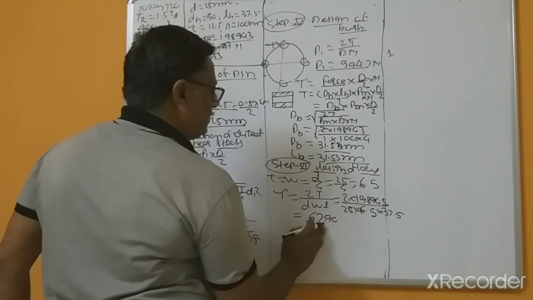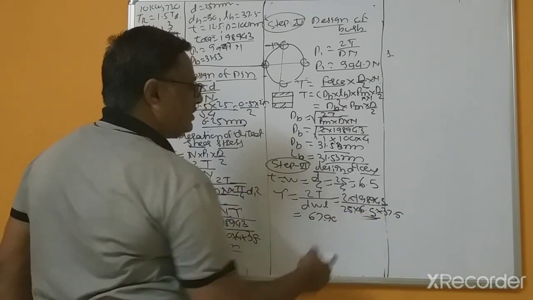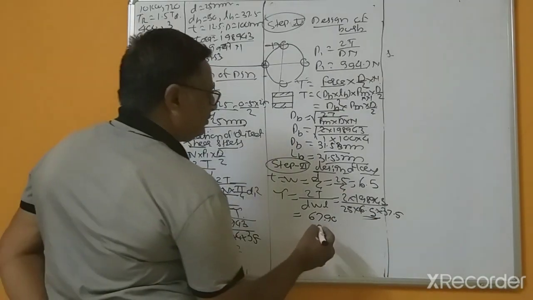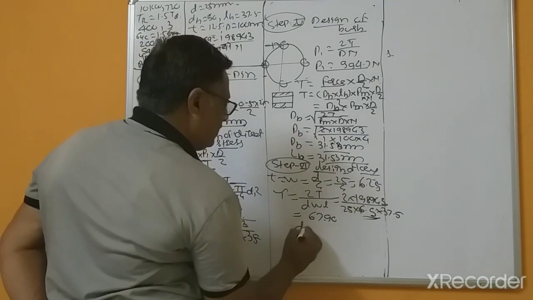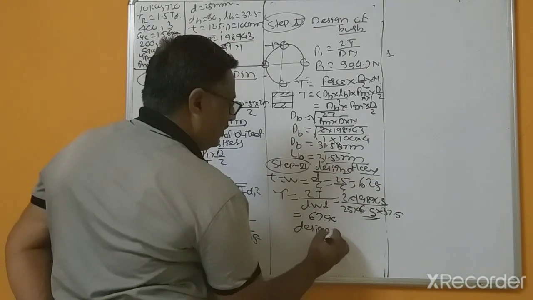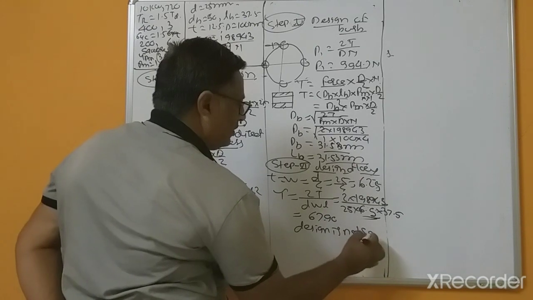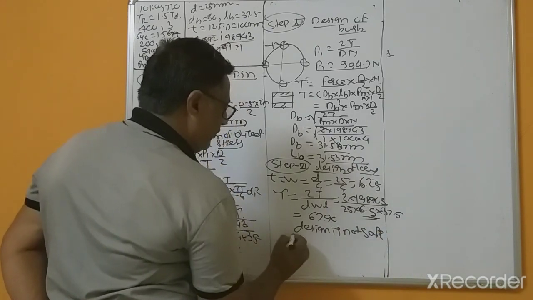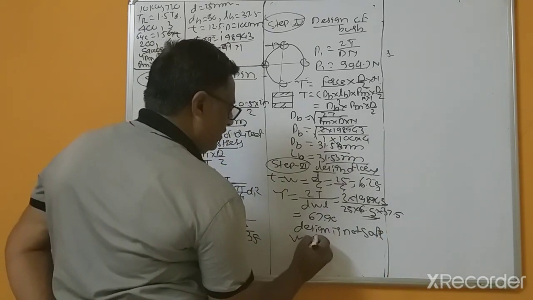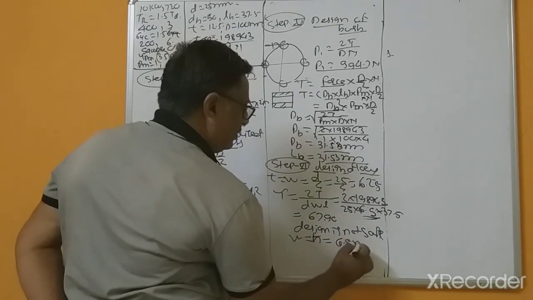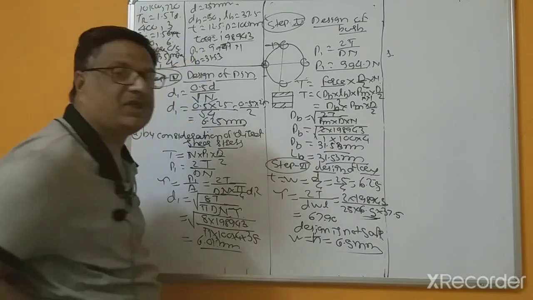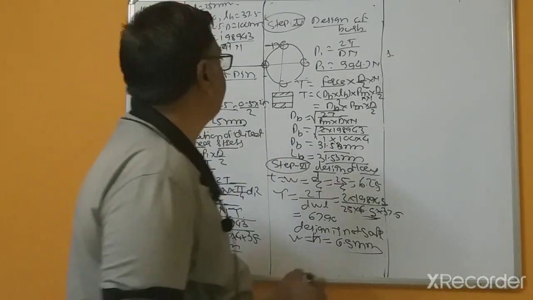So you'll get this design is safe. Increase 6.5. This is 6.25, right? Yes. Design is not safe. So that's why width and thickness, height equal to, we slightly increase. This is 6.5 mm.